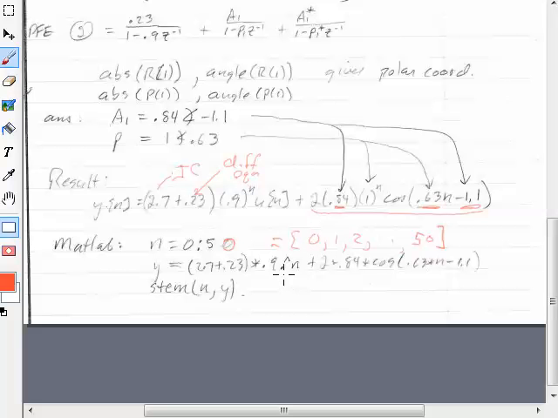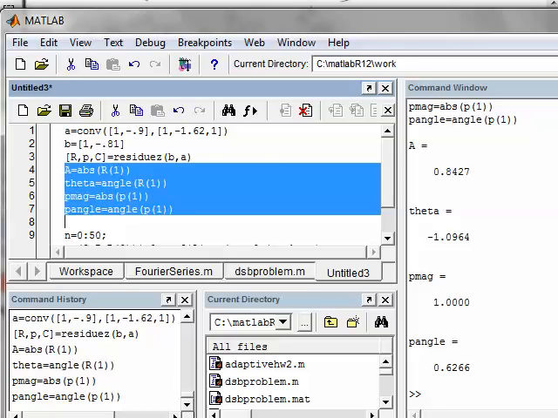And the way to do element by element is to precede this hat by a dot, and this means element by element computation.